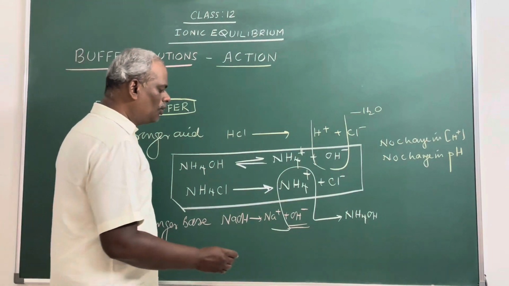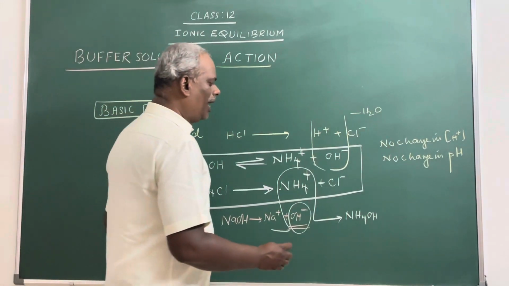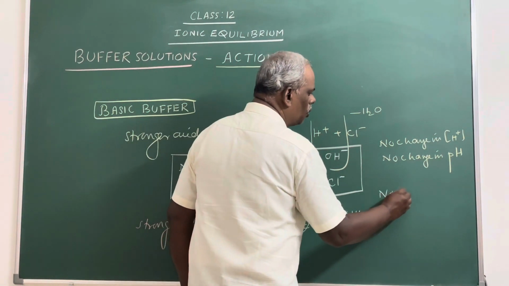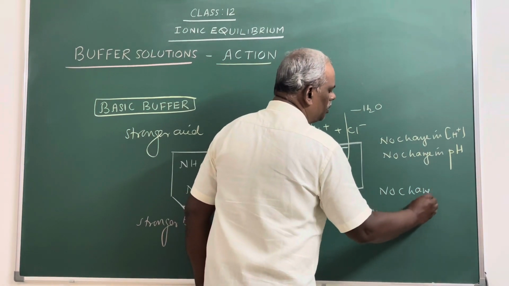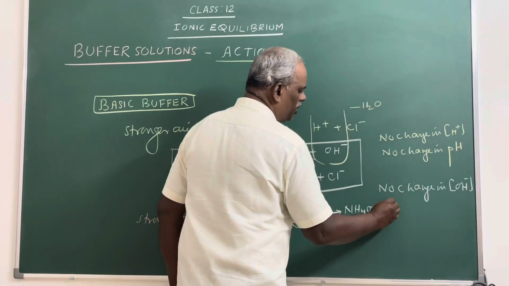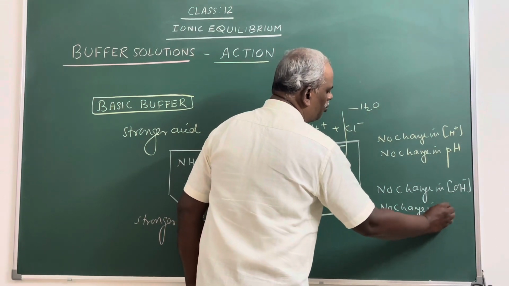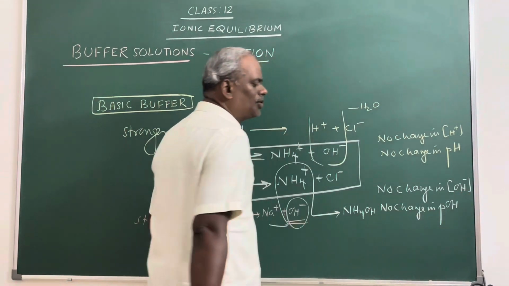So there is no chance of increasing the concentration of hydroxide. And we can say that there is no change in hydroxyl ion concentration, which means there is no change in pOH of this particular mixture.